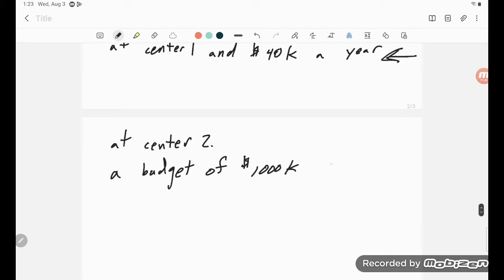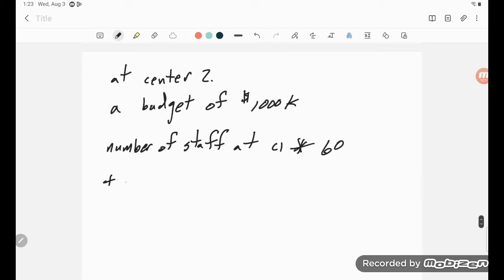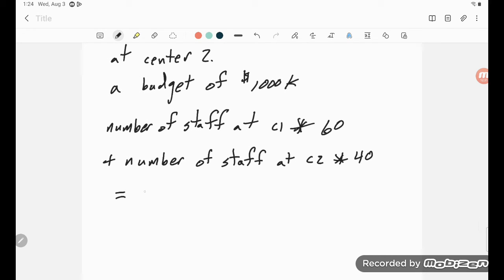Okay. Now, what that says is if I take number of staff at center 1 times 60,000, I'll just call it 60, plus the number of staff at center 2 times 40,000, that I would like that to equal my budget.